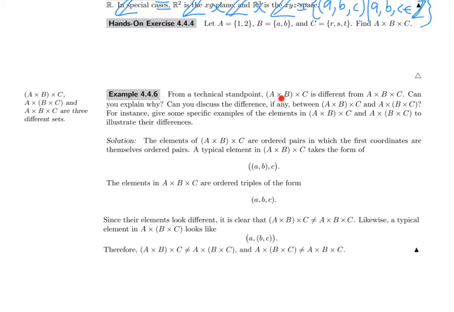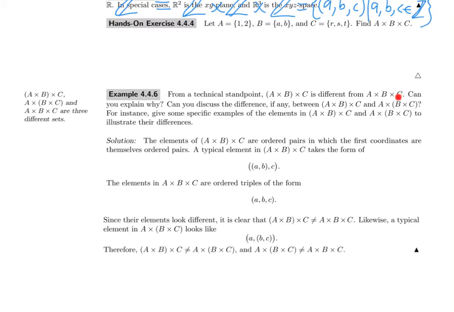If you have A cross B, which consists of ordered pairs of the form (a, b), and then you cross that with C, these elements are actually going to be ordered pairs where the first coordinate of the ordered pair is itself an ordered pair, and the second coordinate is just an element from the set C.